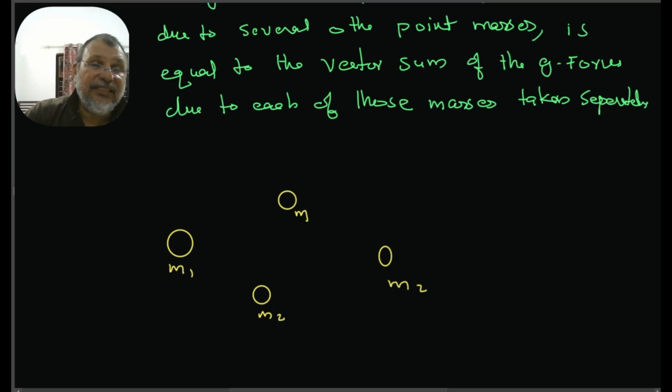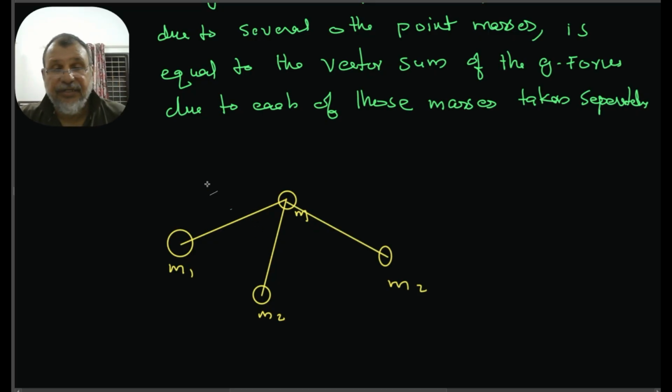So if you want to find out the net gravitational force on M due to all these different masses M1, M2, and M3, you can draw the line joining all the three in pairs like this. These lines should be between the center of masses of the bodies. So we are trying to evaluate the force. Let us see the force exerted on M due to M1, we can call it F1, and force exerted by M2 on M, let's call it F2.